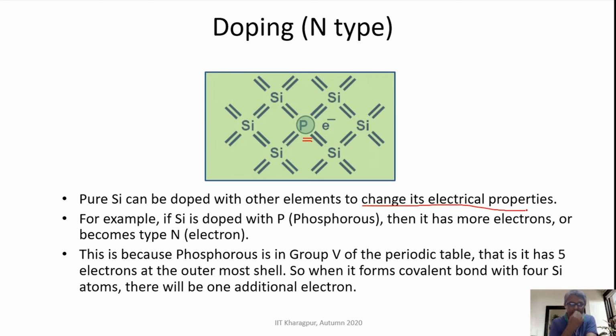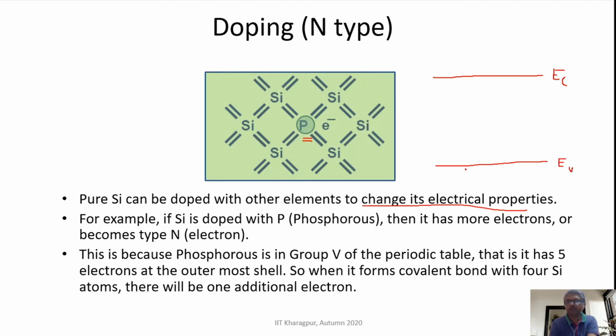For example, if silicon is doped with phosphorus, it becomes n-type. How does it become n-type? Let's try to understand it in more detail. So this is my conduction band, and this is my valence band.